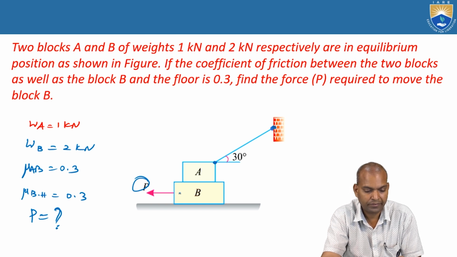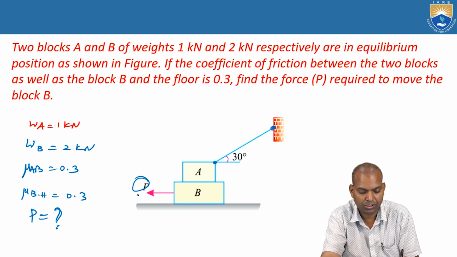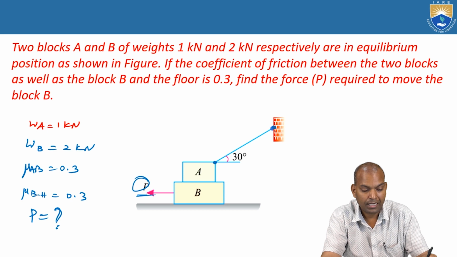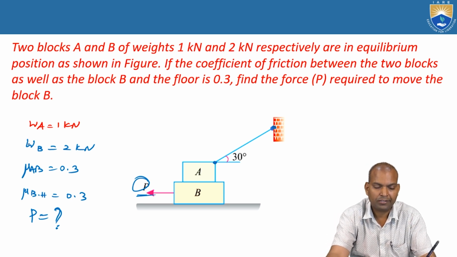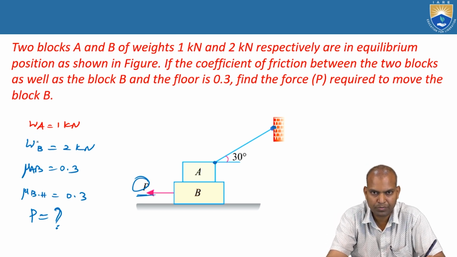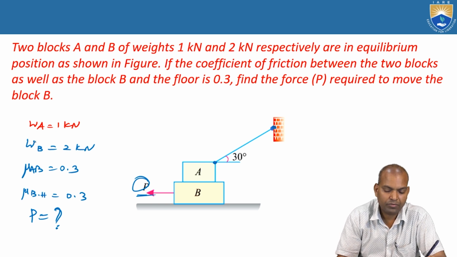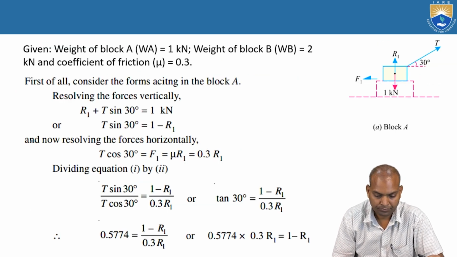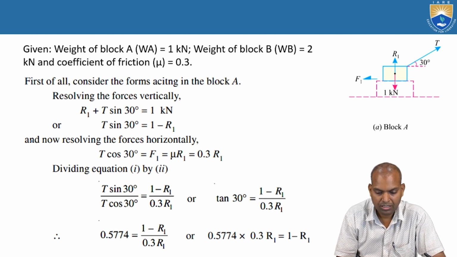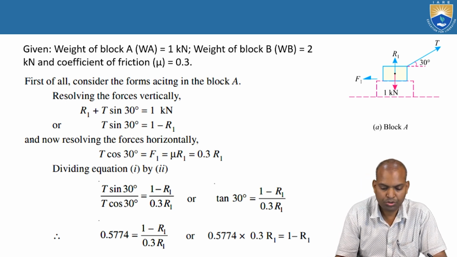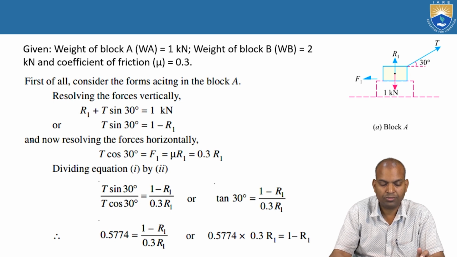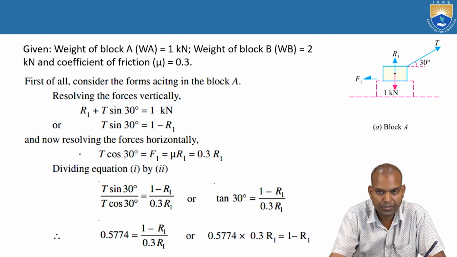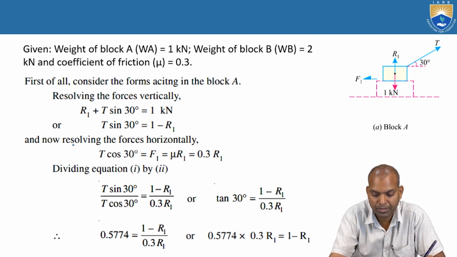Here we find the force required to move the block B, under these weights and the coefficients of friction between A and B and between B and the floor. As we considered, the weight of block B is 2 kilonewtons, and the coefficient of friction remains the same between A and B and the floor.